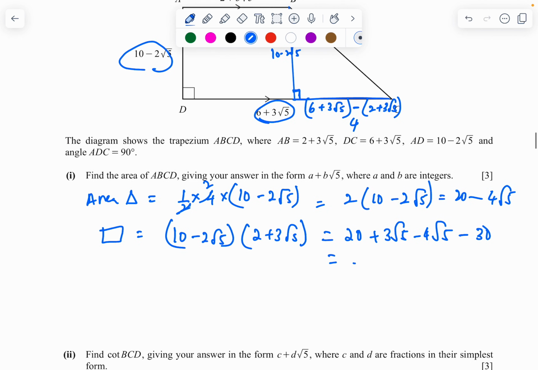So this gives me negative 10 minus square root 5. So put them together, 20 minus 4 square root 5 plus square root 5. So this gives me 10 minus, oh, this went wrong.